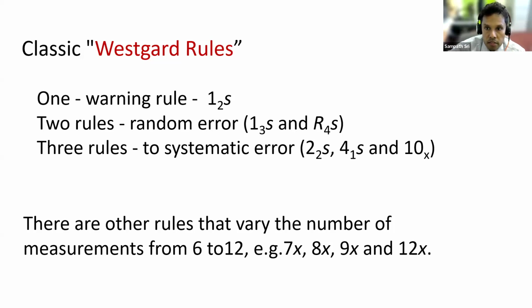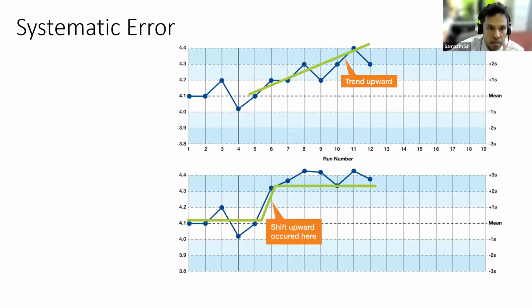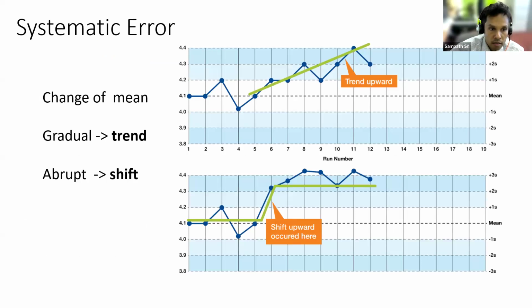So then we will see what a systematic error is. Systematic errors usually come with a change of mean. They can either change gradually or change abruptly. If it is a gradual change in the mean, we say it is a trend, as in this picture.